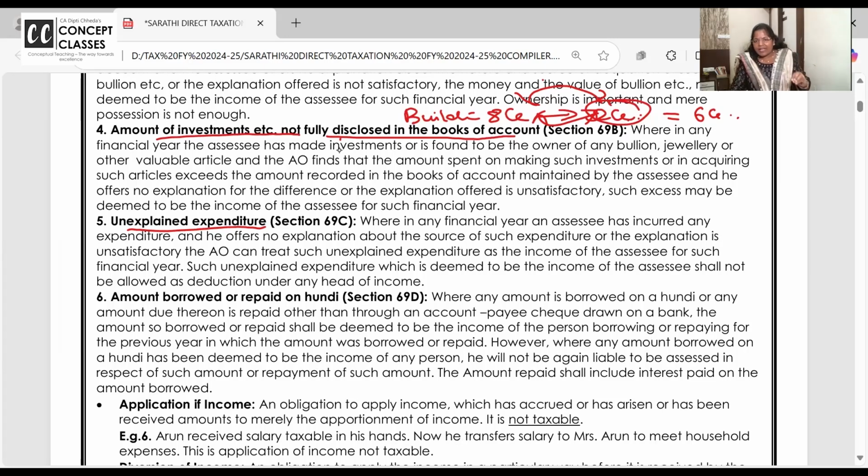This is an actual case: a government person working in a government department got his daughter's jewelry designed by a branded jewelry designer, and that designer showed on her page that I have made this jewelry for this person, and it was caught that this person is a government servant. How can he go and make this specialized brand jewelry and this clothing? So, unexplained expenditure.